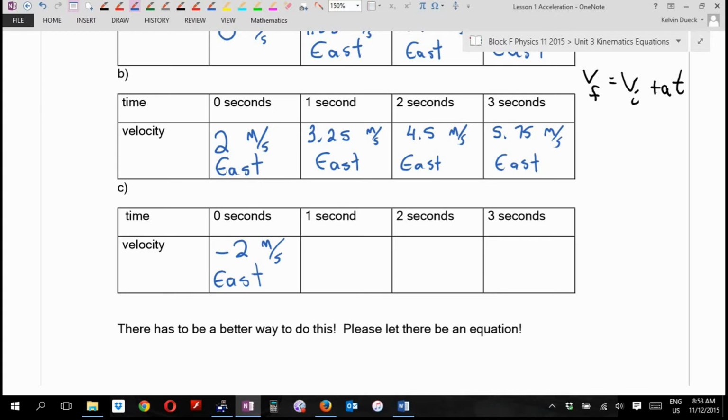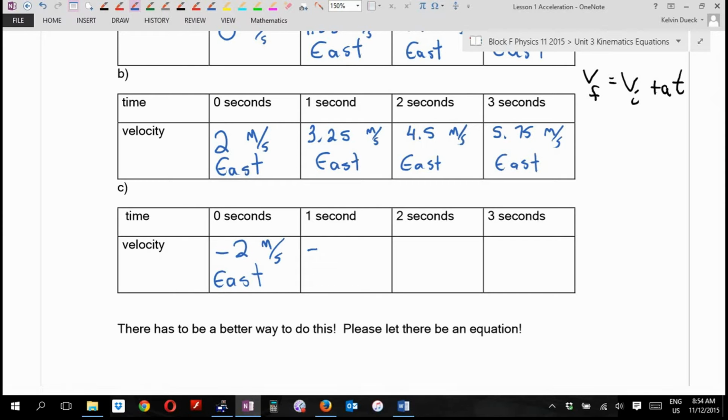All right, smarty Alex. So after 1 second, how fast are we going? Negative, I agree. Now let's see. He said 3.25. Are we accelerating in a negative direction or in a positive direction?